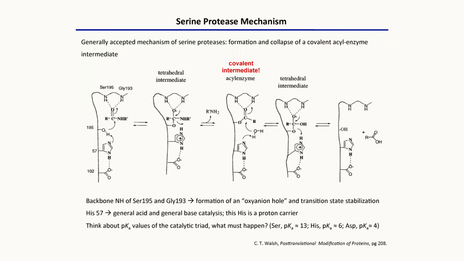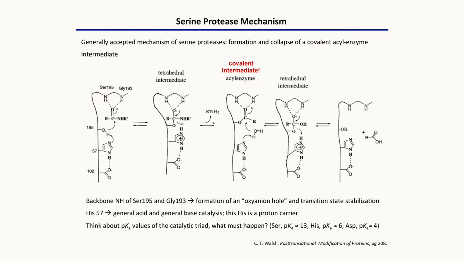So what we observe in this overview is a generally accepted mechanism, and we see formation and collapse of this covalent acyl enzyme intermediate. If we take a look here, we have a bound polypeptide. This is the oxyanion hole provided by these two NH. Here we see the aspartate, the histidine, and the serine. Right, so what do we see happening here?